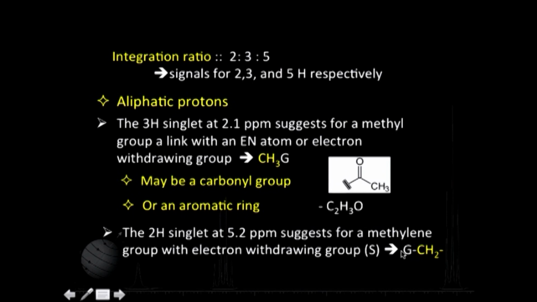If there is only one group involved, we have been observing about 2.1 to 2.5 ppm, or if it is directly linked to oxygen, maybe about 3.8 ppm, but now I am getting 5.2 ppm, which is extremely downfield. That indicates maybe there are more than one electron withdrawing groups attached to this methylene group.